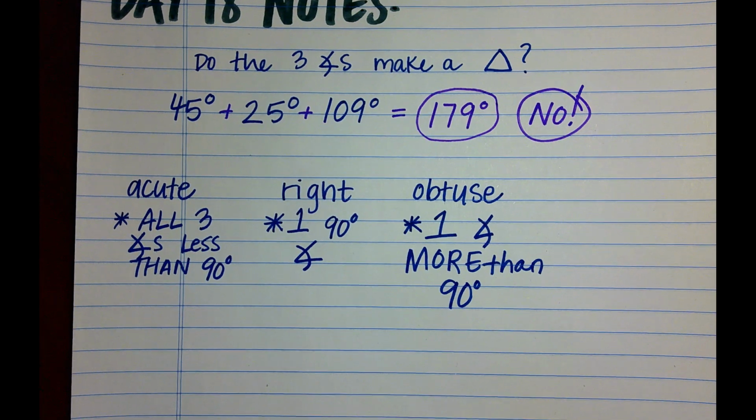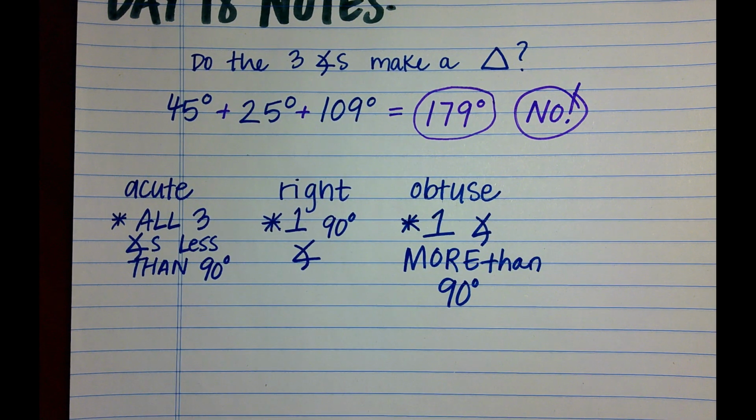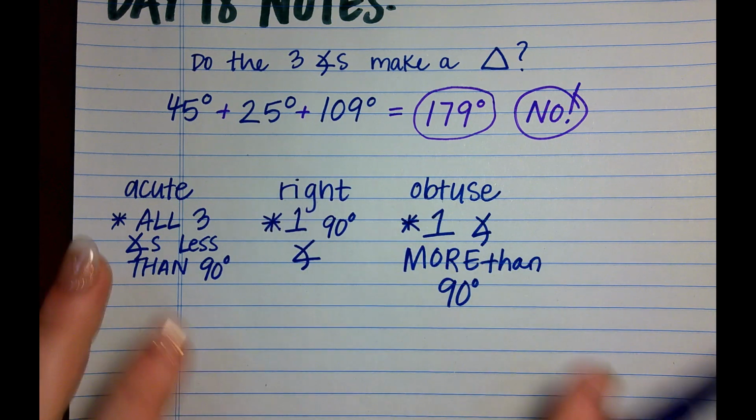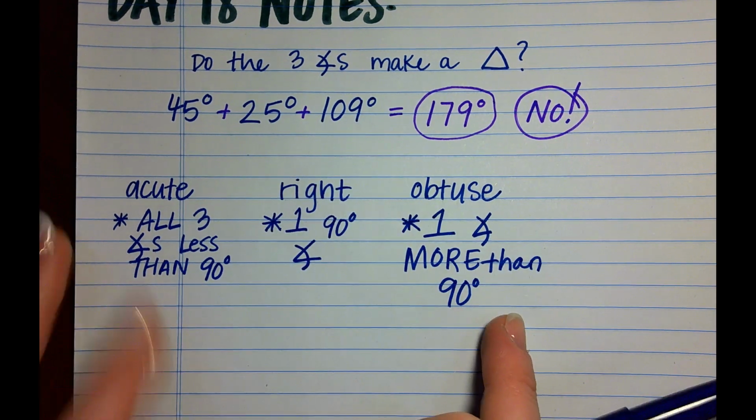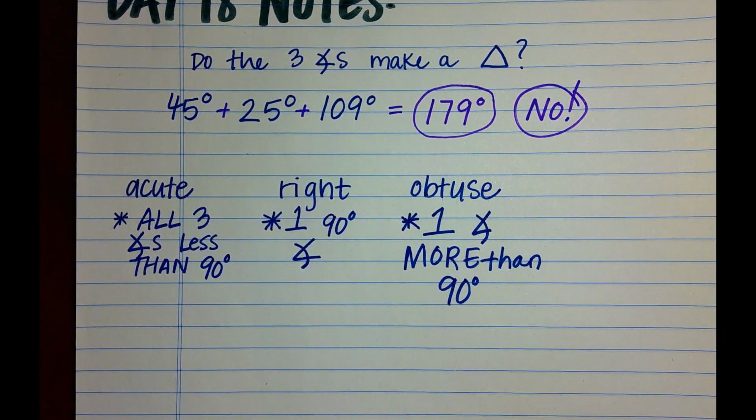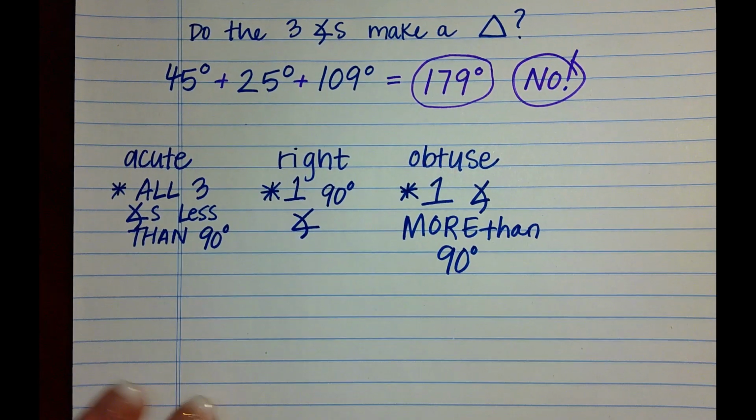Okay. And we'll do some more practice with this on Monday for sure, but for now, do you want to practice a little bit of deciding if it's acute, right, or obtuse? Sure. Okay, how about this?